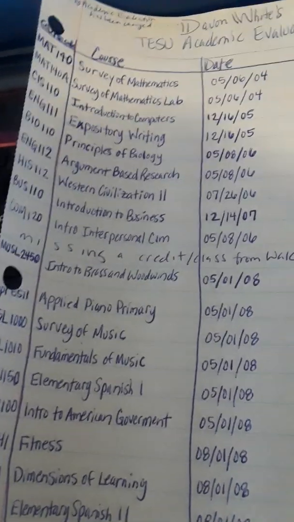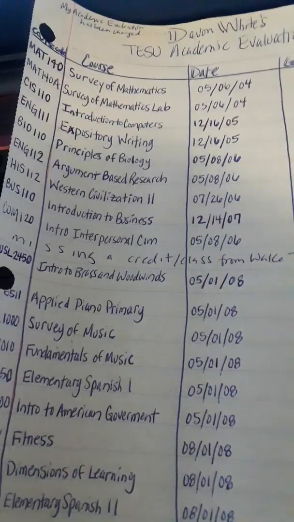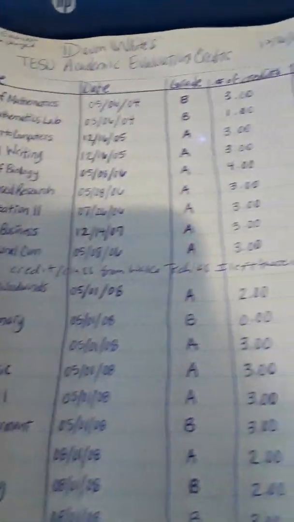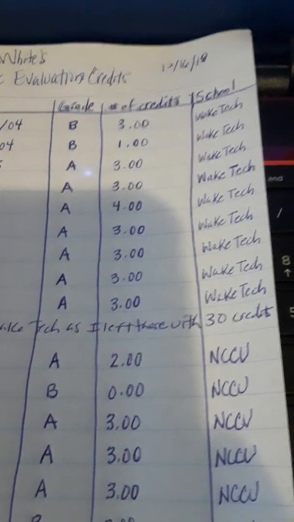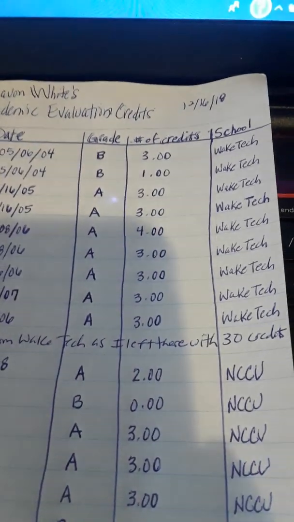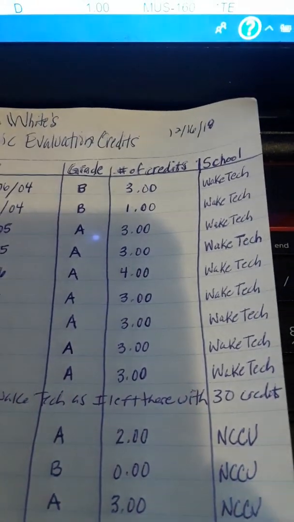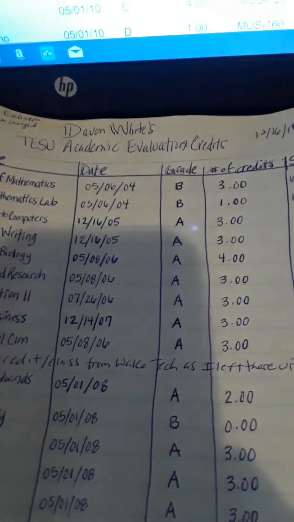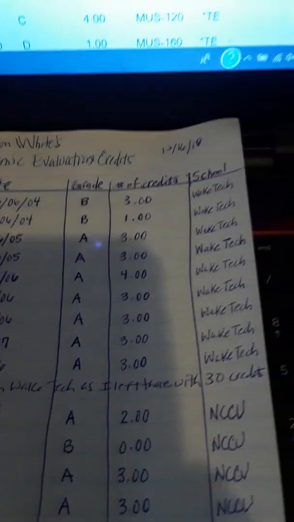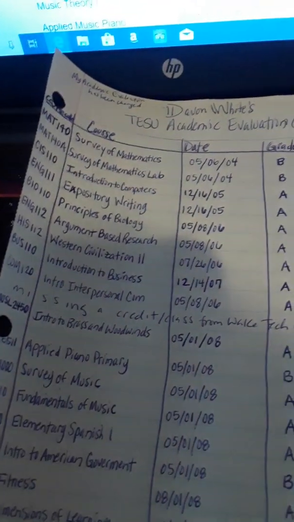Anyways, underneath Intro to Interpersonal Communications, I was like, hold on, these Wake Tech credits before I went to NCCU equate to about 26 credits, and I left Wake Tech with 30 credits. So I must be missing a class.